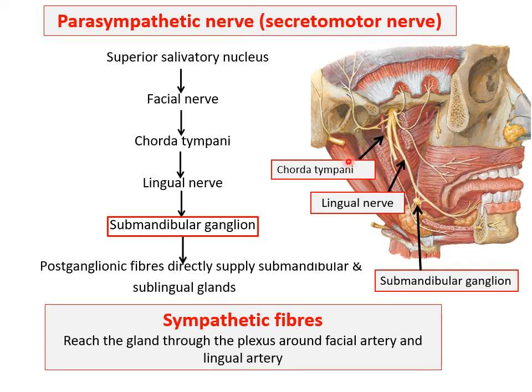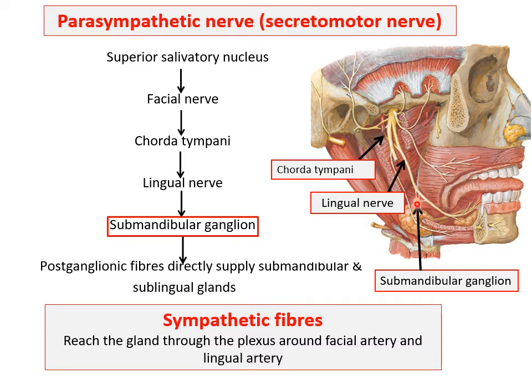Here you can see the chorda tympani, because the facial nerve has a course through the ear. When it is passing through the ear, it gives a branch called chorda tympani. You can see here. So the fibers pass through the chorda tympani. You can see the labeling here. Then they pass through the lingual nerve. After passing through the lingual nerve, the fibers reach the ganglion.